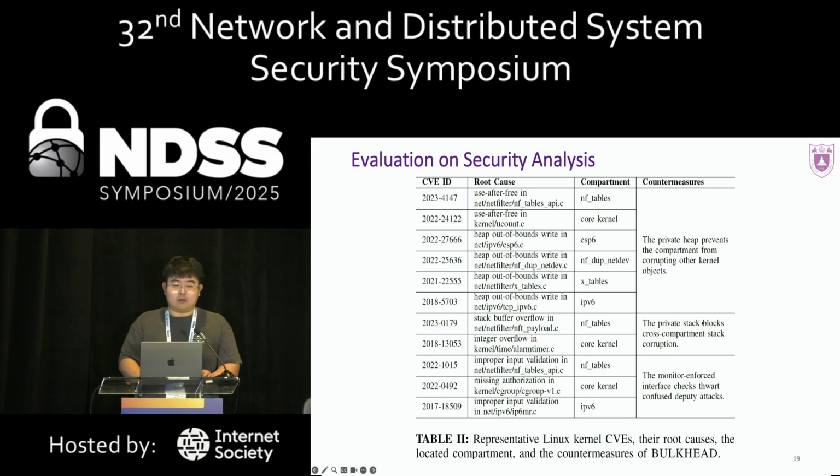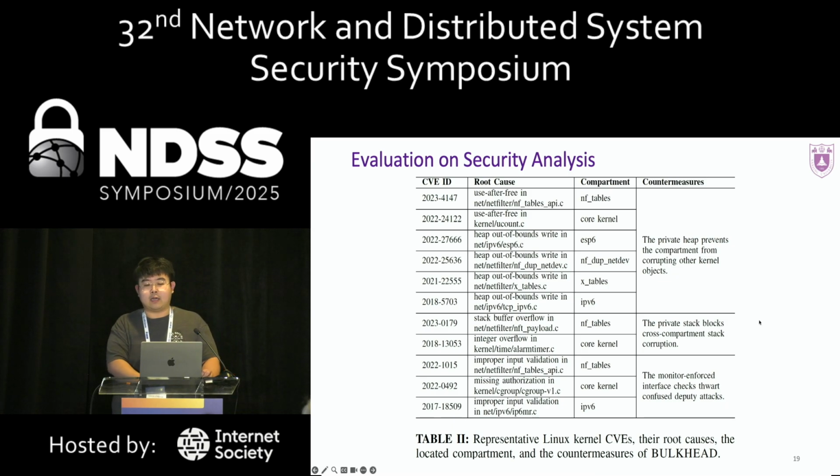So we evaluate our BULKHEAD in several domains, just like I said: security, scalability, and performance. We performed a comprehensive security analysis to evaluate the effectiveness of BULKHEAD, considering several attacks, such as data-oriented attacks and control flow hijacking attacks.